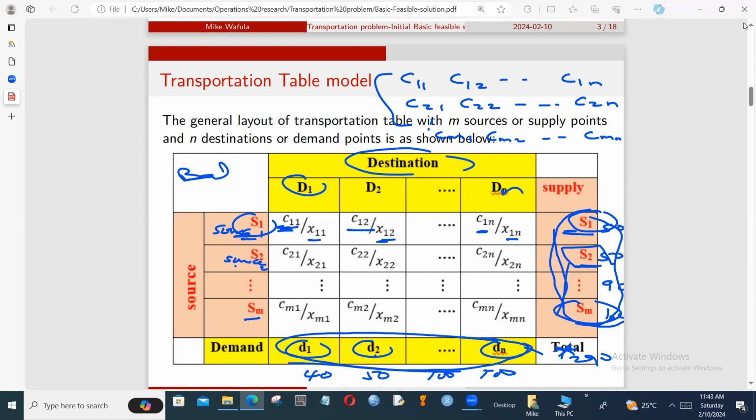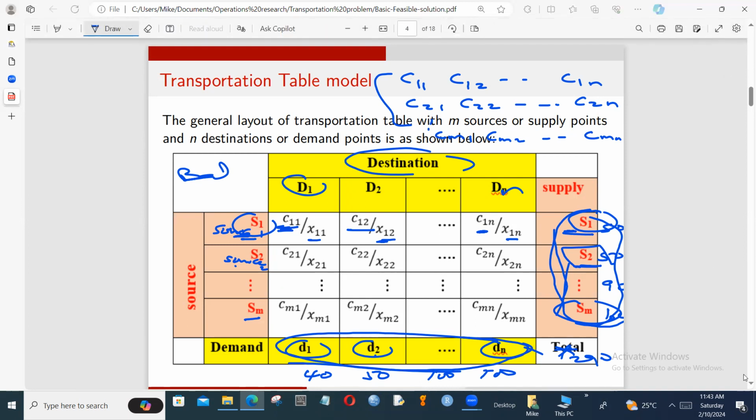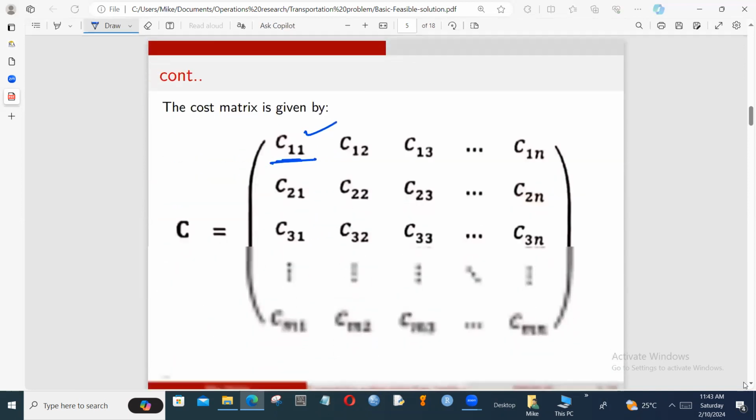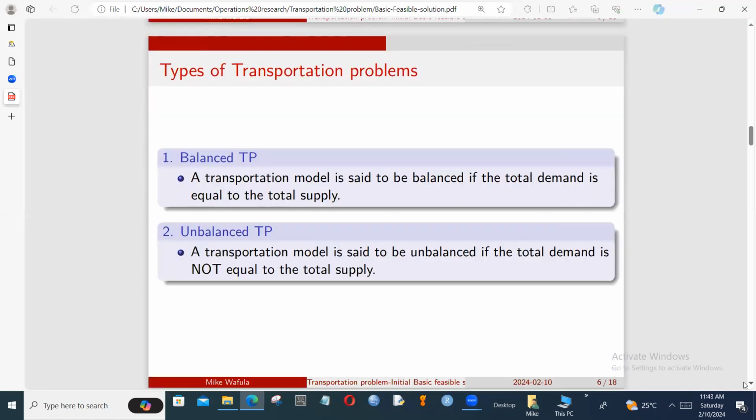Maybe I should say from now that most of the techniques we are going to be learning to handle a transportation problem, right from the initial basic feasible solution as well as optimization, all demand that before you address that problem, you check whether the transportation table is balanced, so that if it's not balanced, you find a way of balancing it before you proceed.